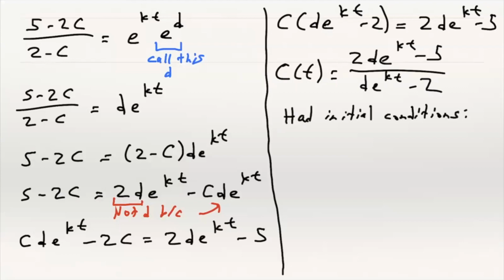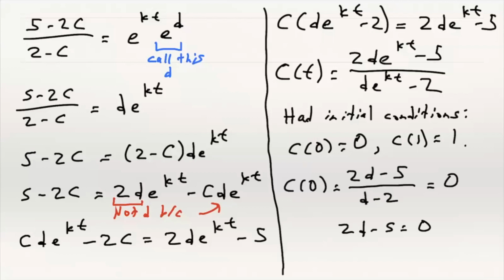And we had initial conditions. They were that initially no C had formed, and after 1 minute, 1 mole of C had formed. So from that first equation, plugging in 0, e to the 0 is 1, so it's (2d minus 5) over (d minus 2), since that's 1, equals 0.